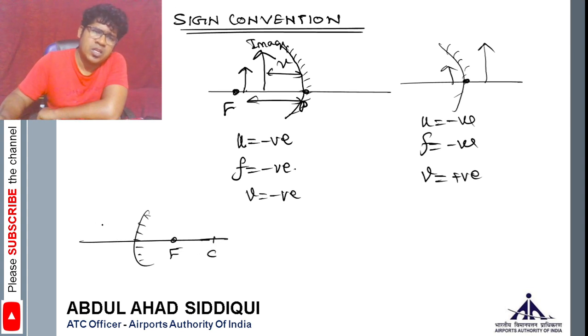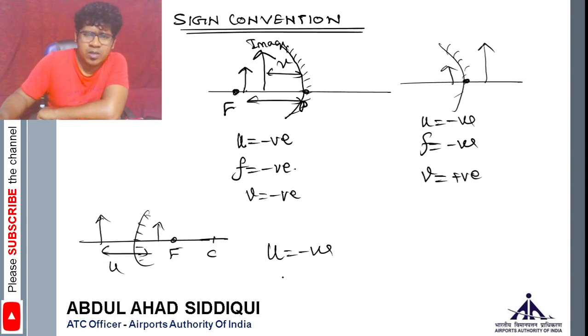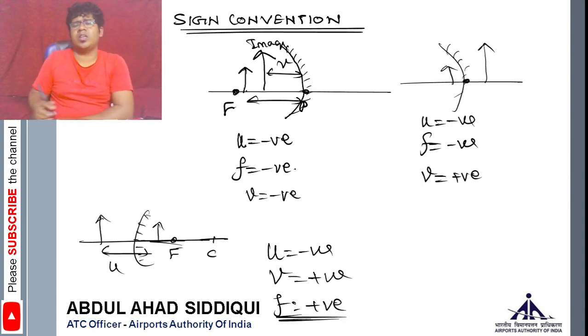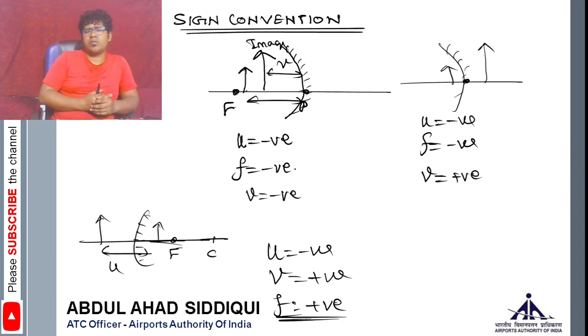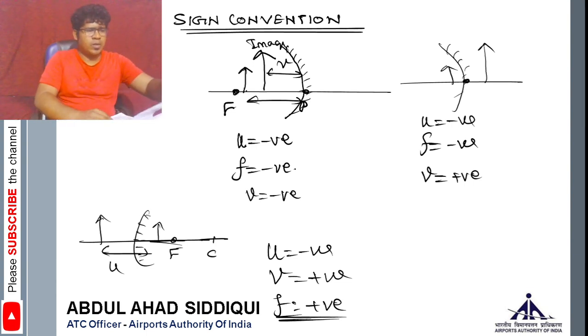Let's say the object is placed here and the image is formed here. So u is negative. The image is formed to the right, so v is positive. The focus is here, so it will be positive. So in the convex mirror, focal length is positive. In the concave mirror, focal length is negative. So this is the sign convention, guys. You have to use it.